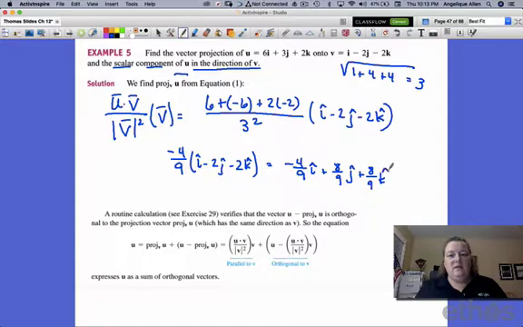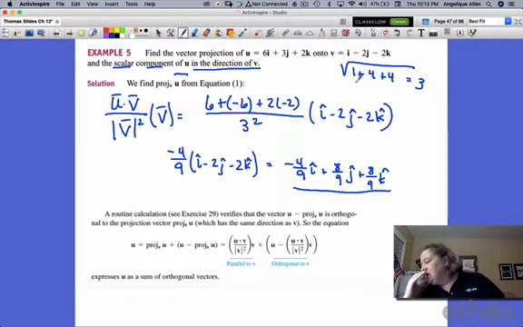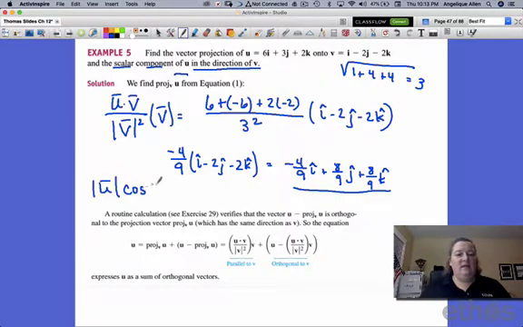So this is the vector that results from projecting u in the direction of v. Okay, so the scalar component, that's going to be the length of u times the cosine of theta. All right, and we didn't actually find theta in this process, but let's see what we've got.